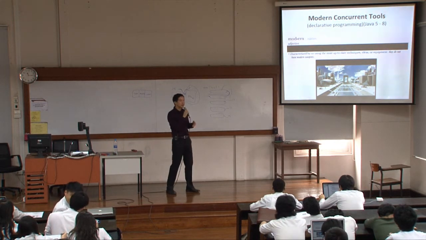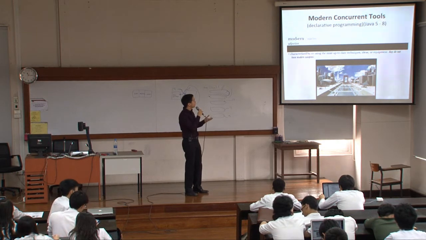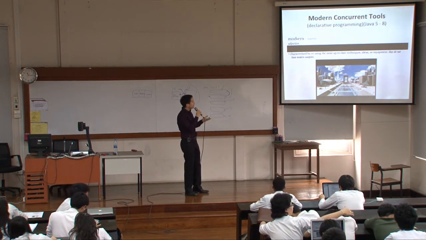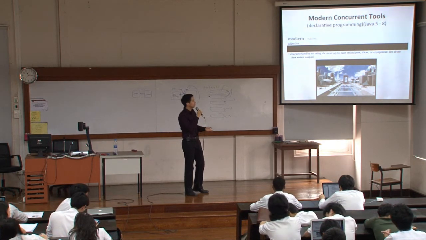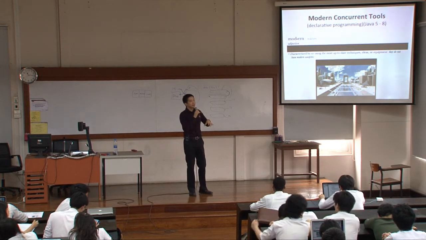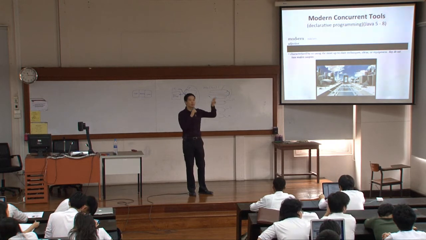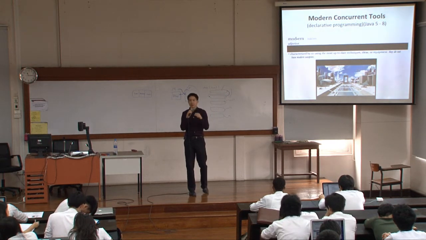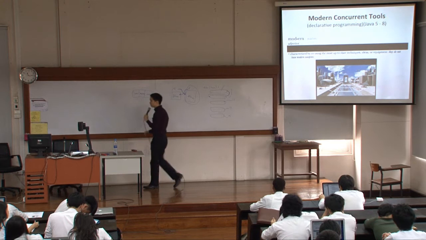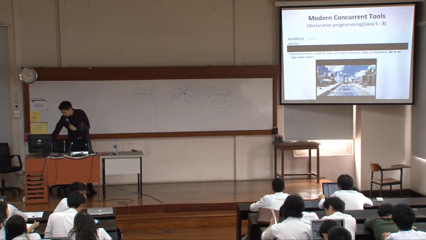Modern is characterized by the most up-to-date techniques, ideas, or equipment. In this context, I want you to think about the techniques and the equipment. By equipment, we mean tools, the classes that you'll be using for your homework.